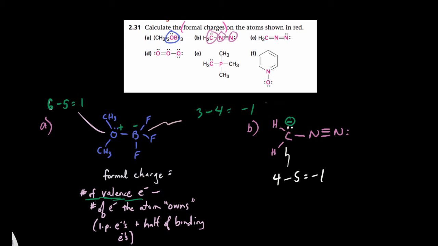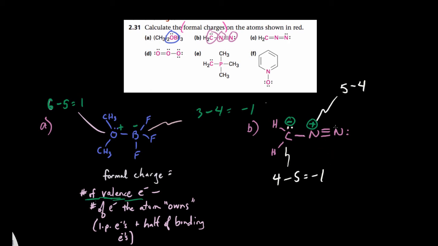Let's look at the nitrogen here. Nitrogen has 5 valence electrons, so 5 minus 1, 2, 3, 4 from each of these bonds. It owns 4 electrons, so 5 minus 4 is +1. So this nitrogen has a plus formal charge here.